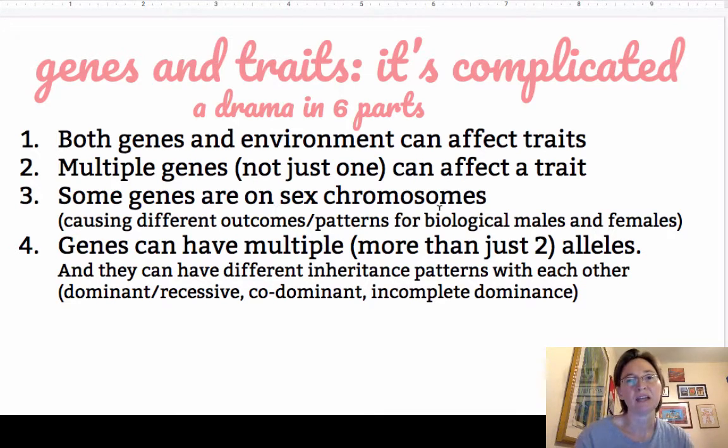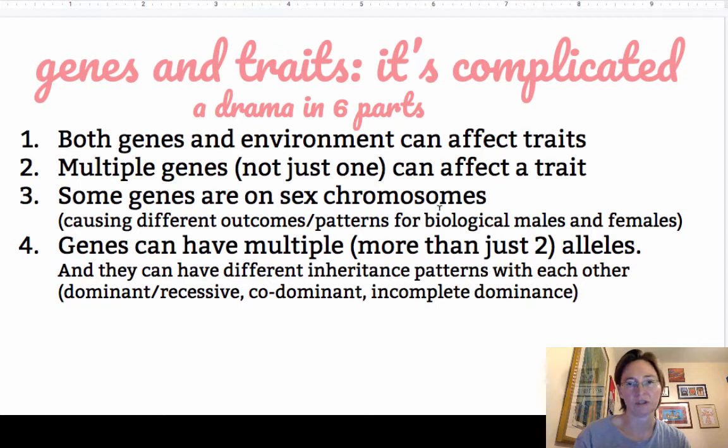So we've talked about how environment and genes both can affect traits. We talked about how some traits are affected by multiple different genes. We talked about how genes sometimes are located on sex chromosomes, which can have different results for males and females. And so now we look at the fact that genes can have multiple alleles, not just two, but several different versions.